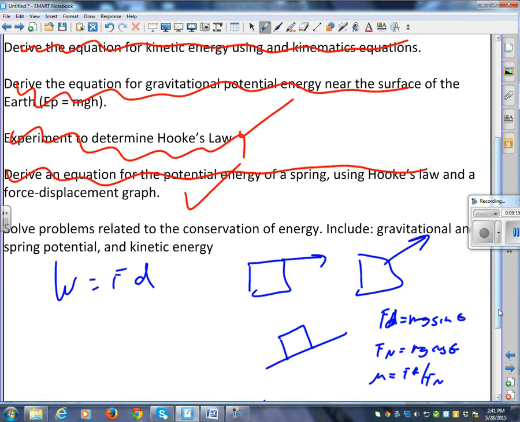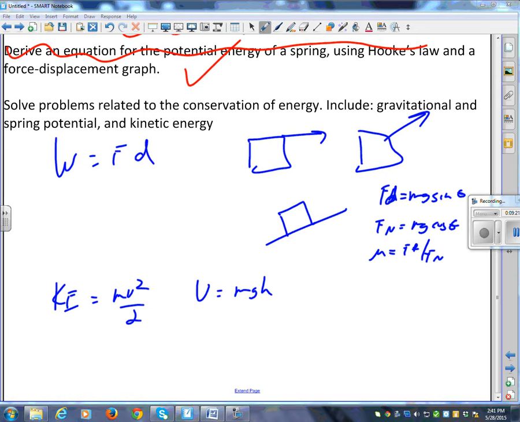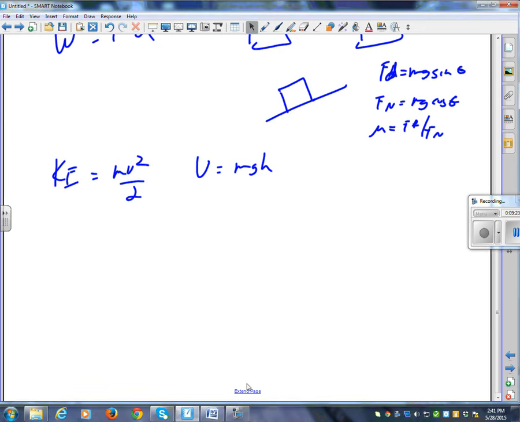That's actually the next one there, Steve, which is the combination of those two. It would be conservation of energy, where the total in any system is E_K plus U, kinetic energy plus potential. Now that potential could be either spring or gravitational.